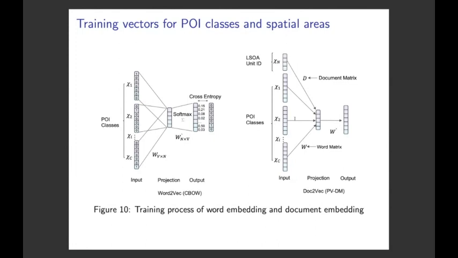This is similar for the spatial unit ID, and eventually we will get the vector representation for these LSOA units through this document matrix.